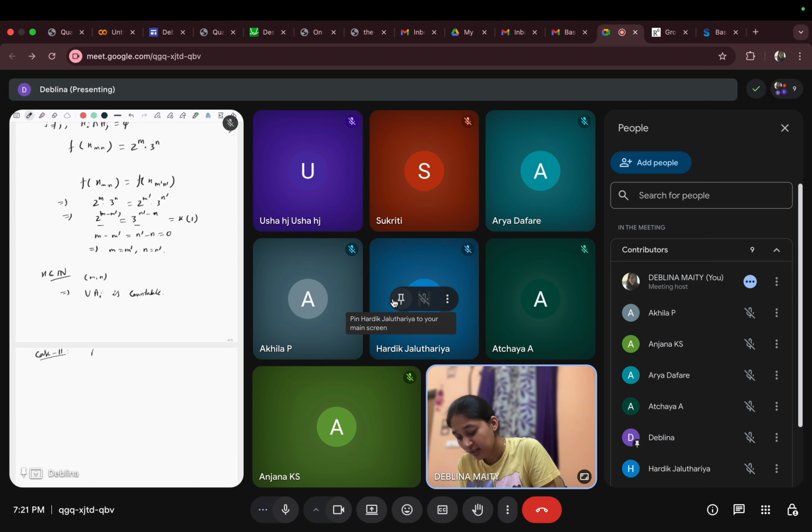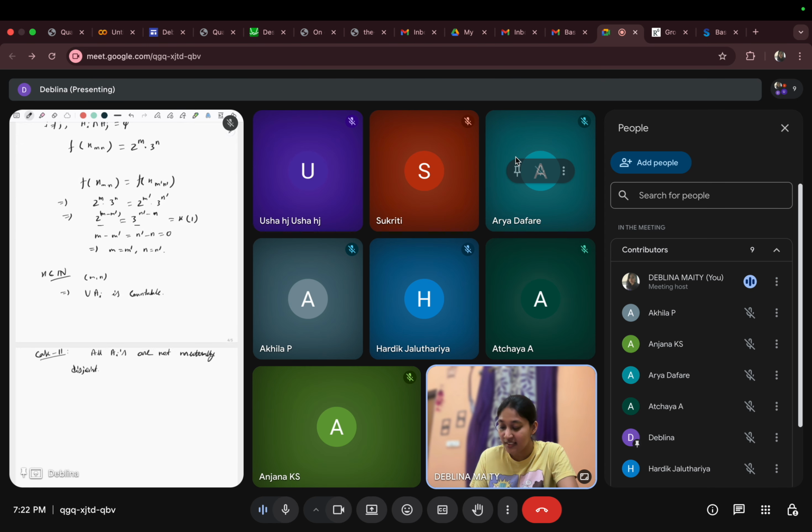So this means all AIs are not mutually disjoint. Then what to do here? So first we'll make them mutually disjoint. How?